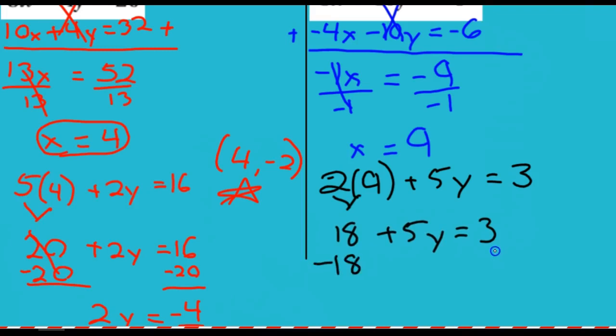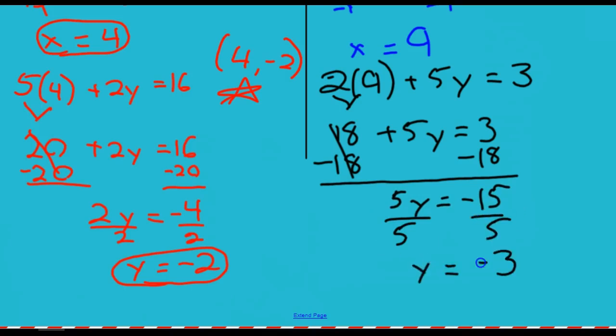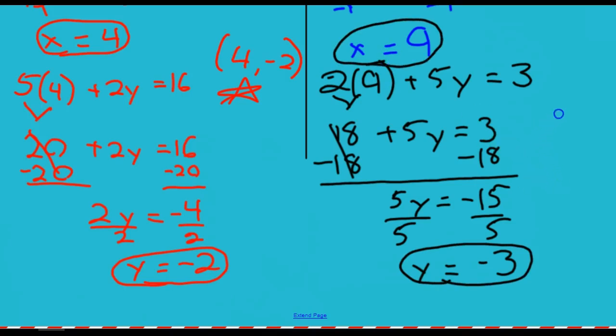Subtract 18 and 5y equals a negative 15. If we divide by 5, y equals a negative 3. So our solution is x equals 9 and y equals negative 3. So our solution is an ordered pair of 9, negative 3.